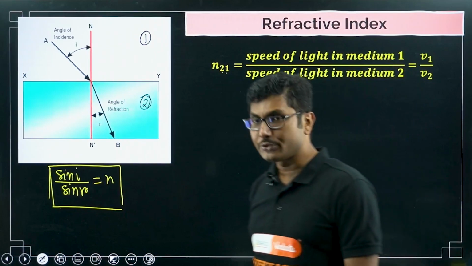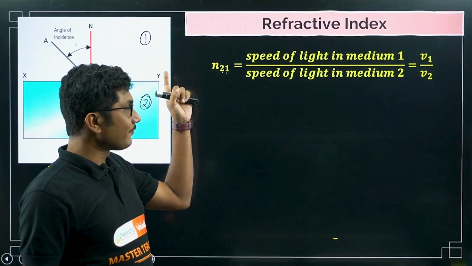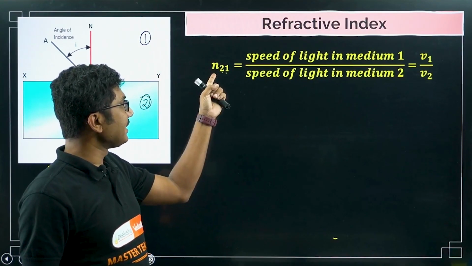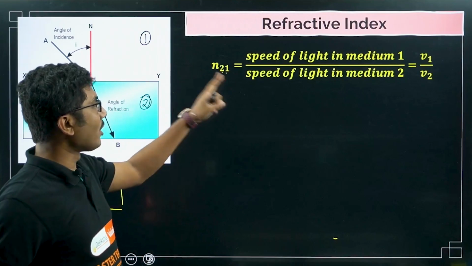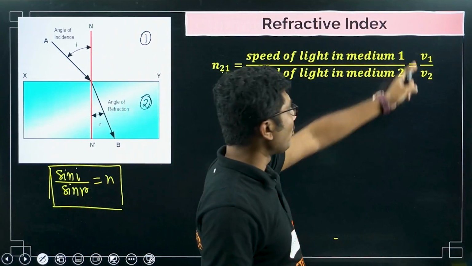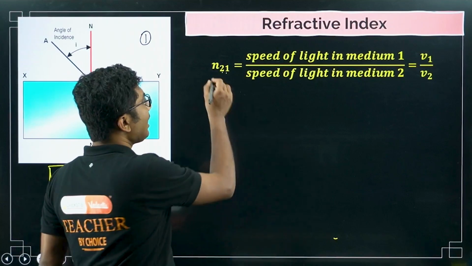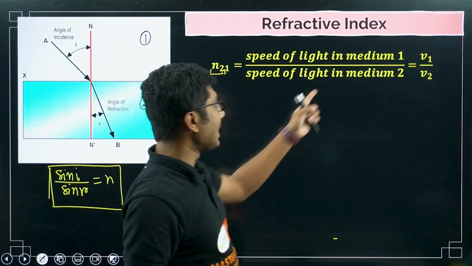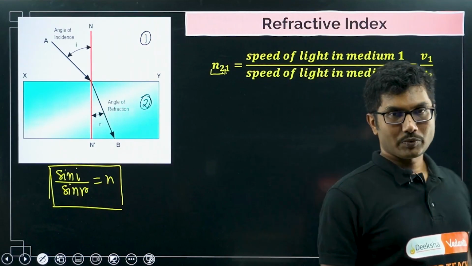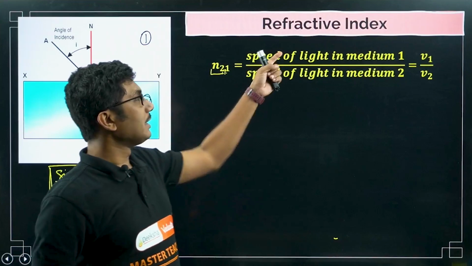This is how you should read it. So it is the speed of light in medium 1 divided by the speed of light in medium 2. Whichever medium you are finding the refractive index of, that is the second medium, and it should come in the denominator. The medium with respect to which you are calculating should come on top.